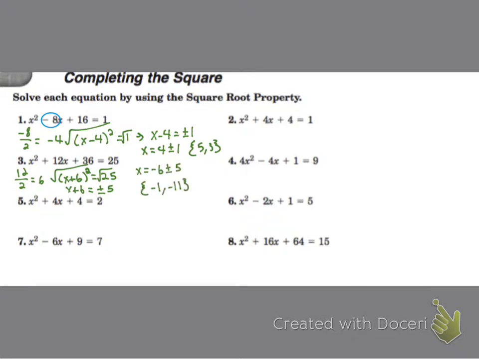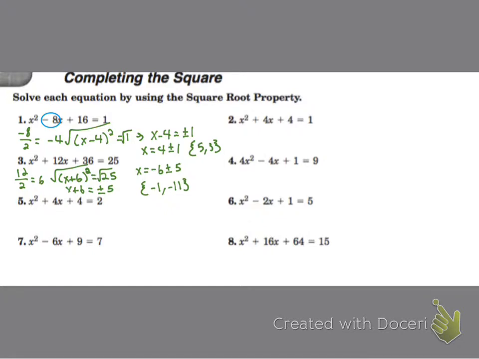Subtract 6, and we get x equals negative 6 plus or minus 5. So the two roots of our quadratic are negative 1 and negative 11. All right, if you graphed that, it would cross the x-axis at negative 1 and negative 11.